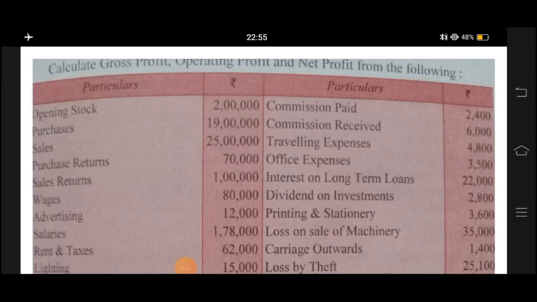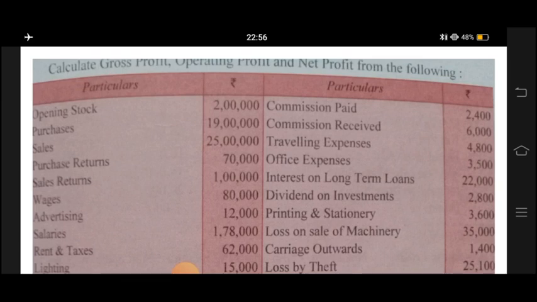Now see, as the information is written before you, with the following information we have to calculate the gross profit, operating profit and net profit of the organization for the specific period of time, for which the various information written before you is clearly mentioned. As per this information we have to calculate the gross profit, and apart from the gross profit we also have to calculate the operating profit and net profit.